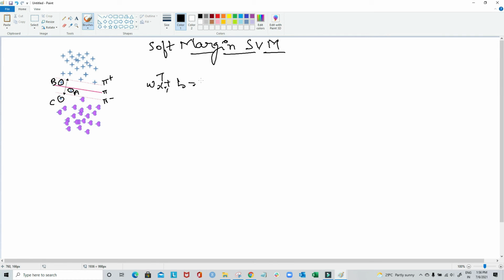So for the correct classification of data points, the product yi into W transpose xi plus b should be greater than or equal to 1. Be it a negative or positive data point, this product should be greater than or equal to 1. And if there is any misclassification, then this product will be less than 1.